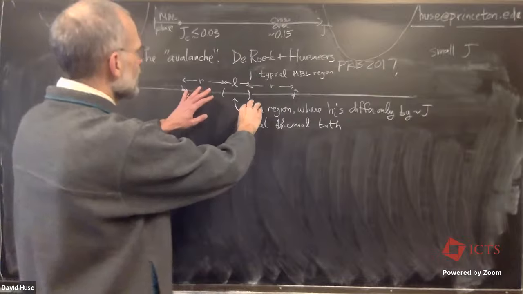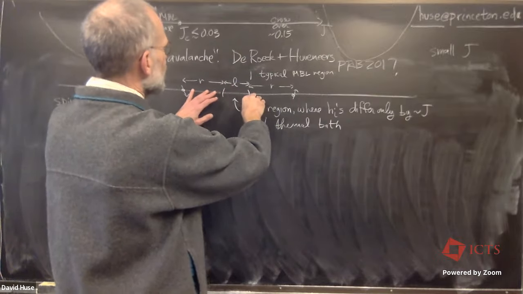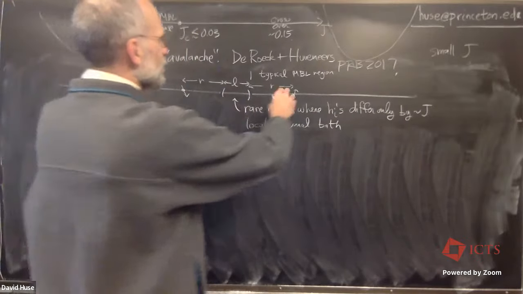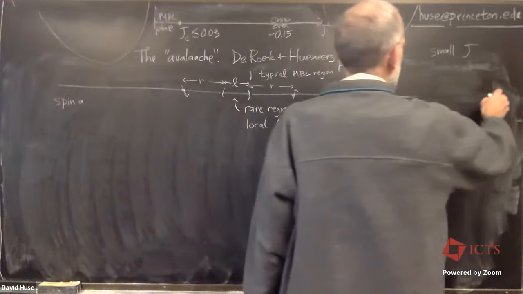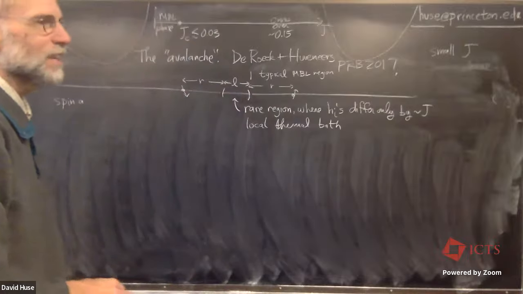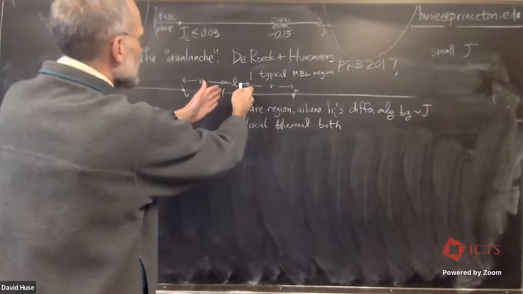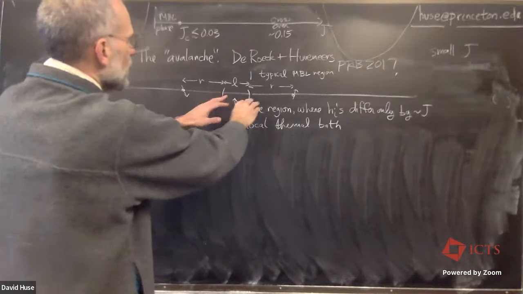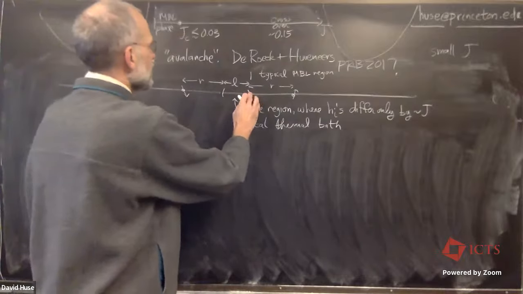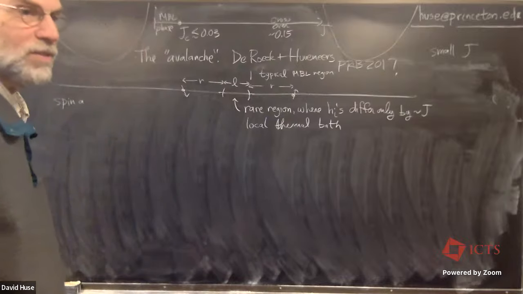Now the rare region is in a thermal state and the rest of the system is in a localized state. And of course, there's another rare region maybe way out here, and we'll cut that one away as well. So any rare region that's big enough to start an avalanche, we'll just cut it out, and we'll start with those product states where the rare regions are thermal and everywhere else is localized. And then we recouple it and ask what happens.